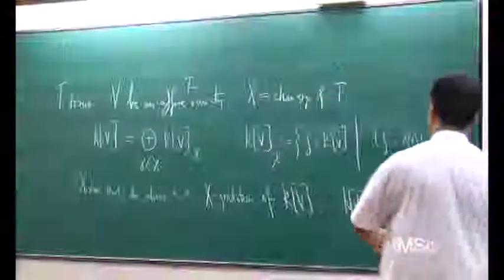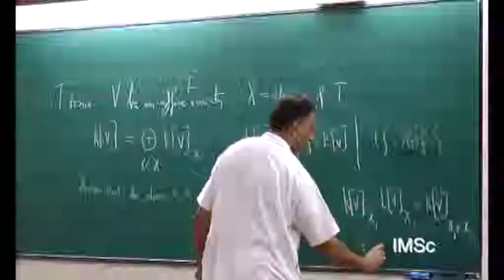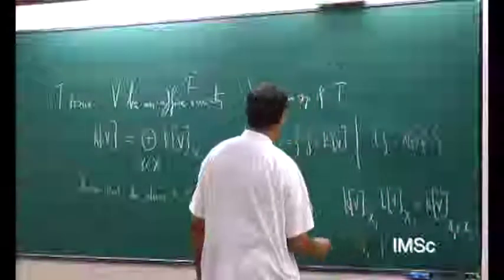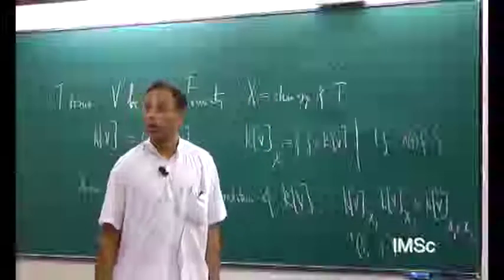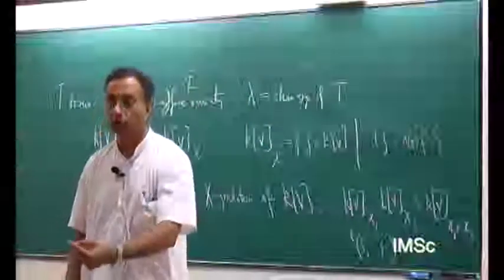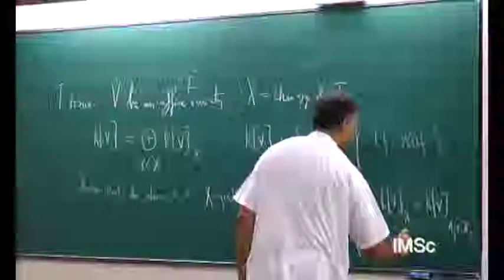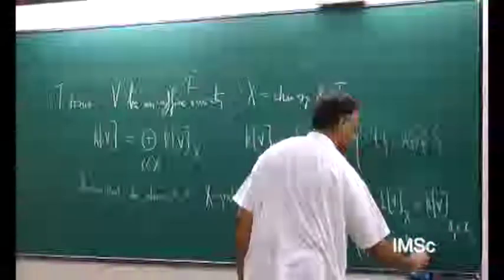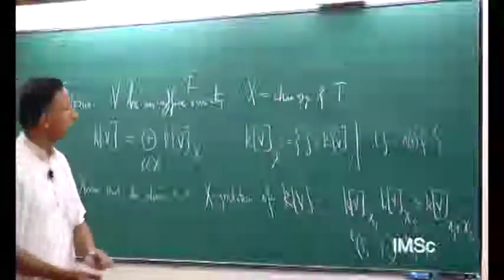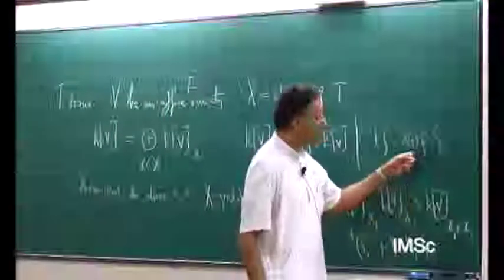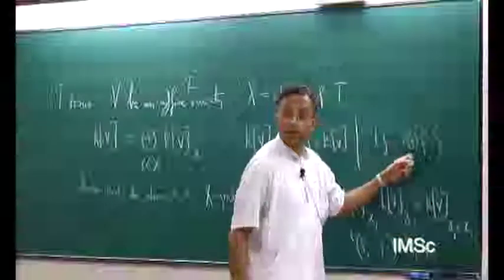And it is easy to check that if I have f1 and f2, what do we have to check? T of f1 f2 equals T of f1 times T of f2, because T acts as an algebra automorphism. T of f1 is chi1(t) f1, and T of f2 is chi2(t) f2.